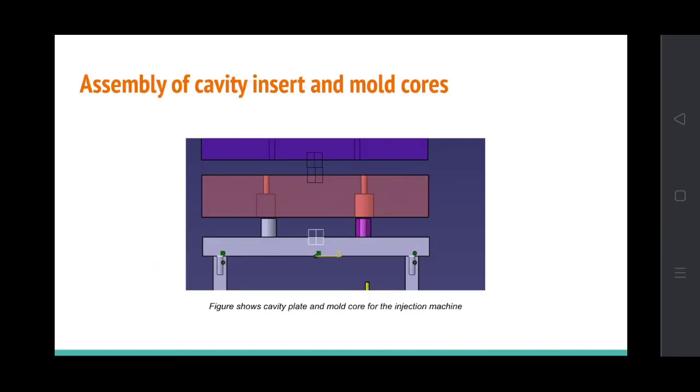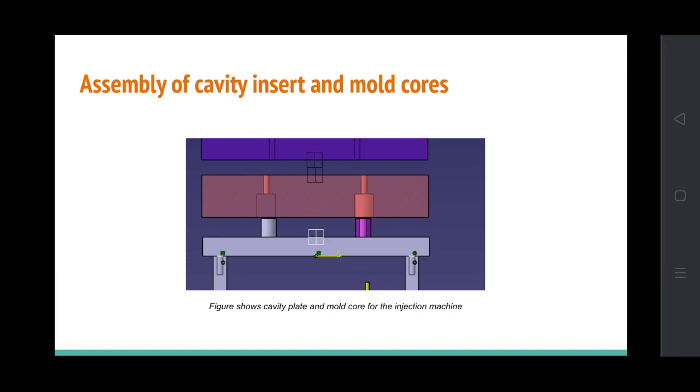Next is the assembly of cavity insert and mold cores. The cavity plate is a plate used to create a cavity that will be filled with the plastic material and form the plastic component. Usually, it is made of mild steel. The core plate projects into the cavity plate and creates hollow portions in the plastic components.